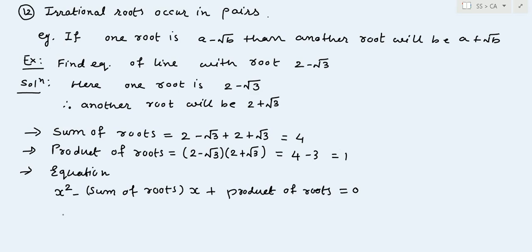Okay. So our required equation is x square minus sum of roots is 4, 4x plus product is 1 equal to 0. ચાલો તો આપણો આન્સર થશે. તો આને તમે સોલ્વ કરો ઇક્વેશનને તો પણ તમને આન્સર આ બે જ મળશે. બરાબર છે? તો આ નોટ્સ ખાસ યાદ રાખો.